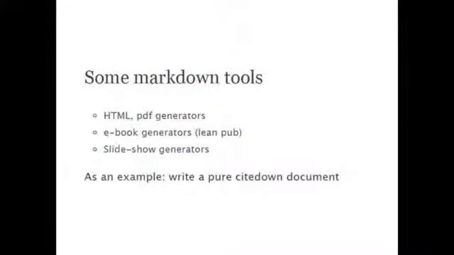There are ebook generators. I don't know if any of you have ever heard of LeanPub. It's a marvelous project. I used it recently to put together a draft of an editorial guidebook for the Homer Multitext project that we used this summer as we're doing editorial work. And for LeanPub, you just write Markdown, and it will generate Kindle format MOBIs, PDFs, it'll generate ebooks in just about any kind of format you want.